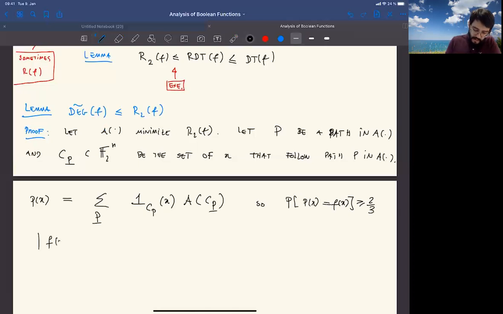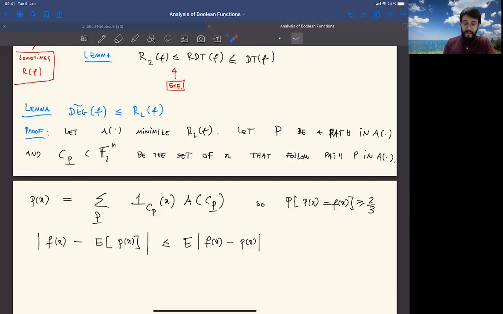And so we can then use the expected value of P of X, which would be a polynomial, again a multilinear polynomial with some random coefficients, and you're averaging those random coefficients. And you can just bound this by the expectation, because F is constant, it doesn't depend on the implicit random variable, which is in P here.